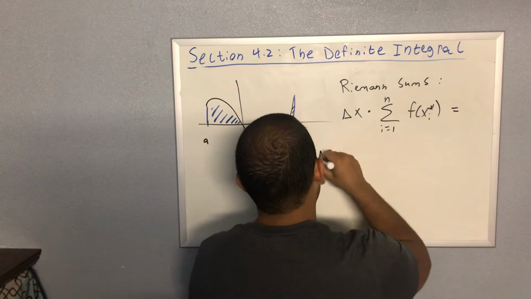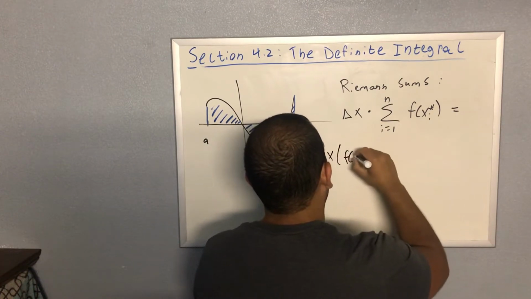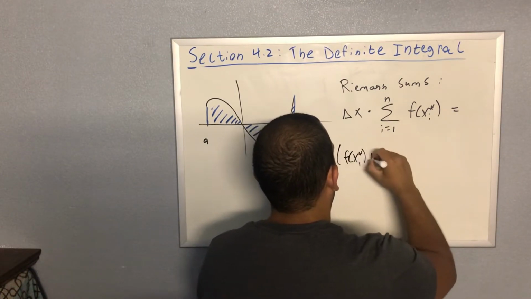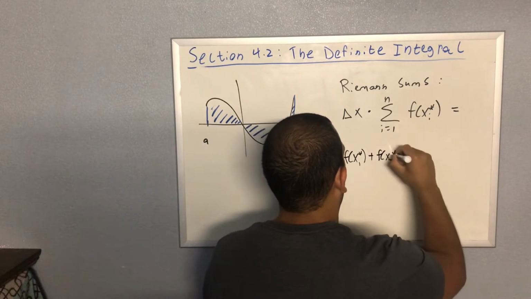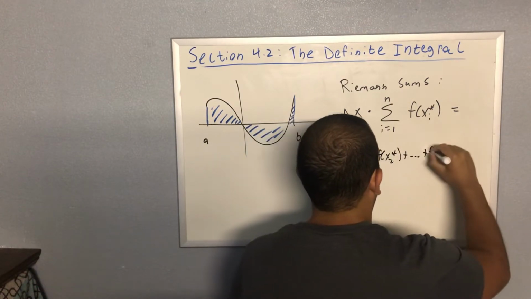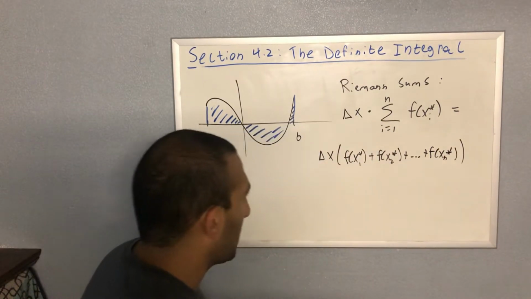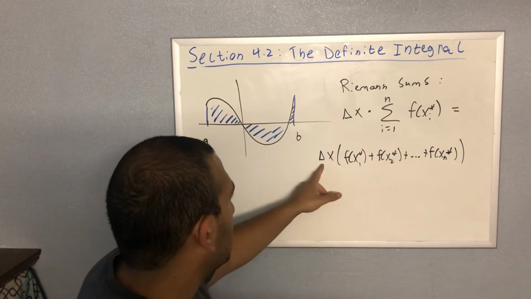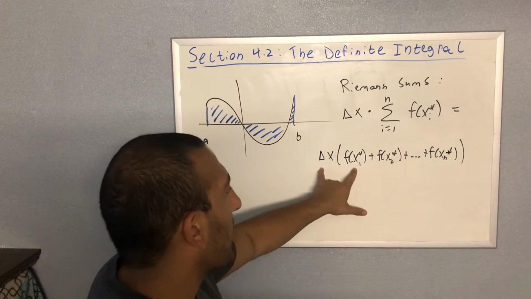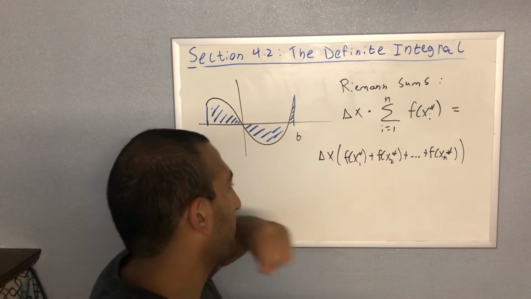So again, if we write this out in full detail, this is what we get. So each delta x times one of these was the area of one of the rectangles.